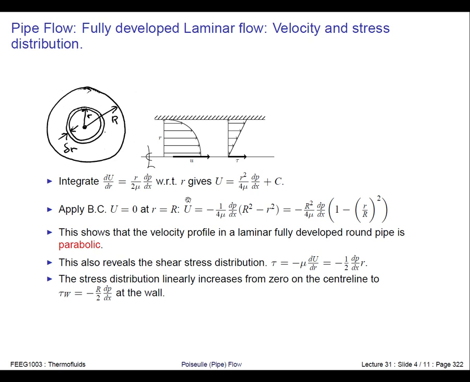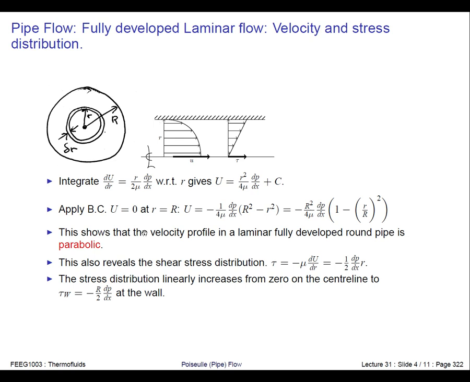If we integrate this, we end up with an equation that looks like this, and we've got an integration constant. We can choose the integration constant from a boundary condition, and the obvious boundary condition is to say when r is equal to big R, the velocity is equal to 0, so a no slip boundary.